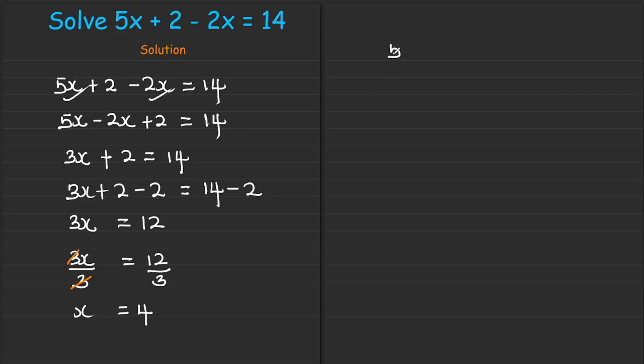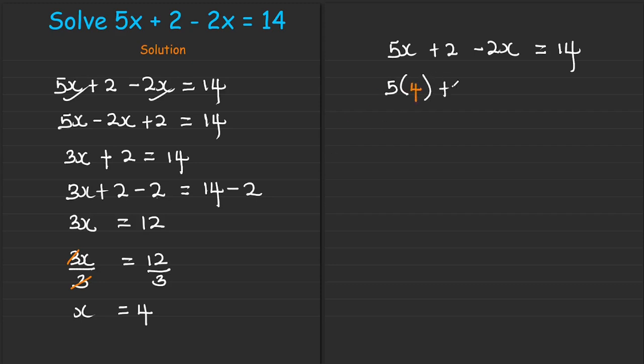So we had 5x plus 2 minus 2x. We are saying is equal to 14. We solve for our x to be 4. So substituting with a value of x, which we had to be 4, we are going to have the 5 into bracket our x, which is 4.